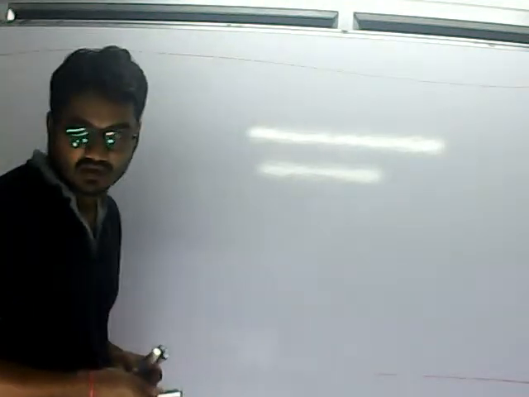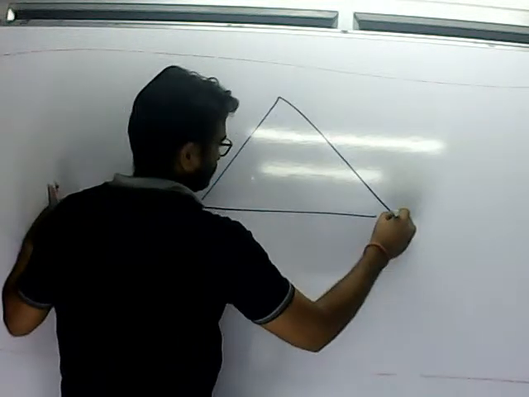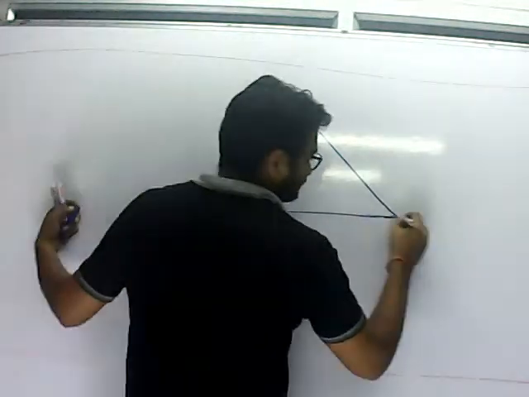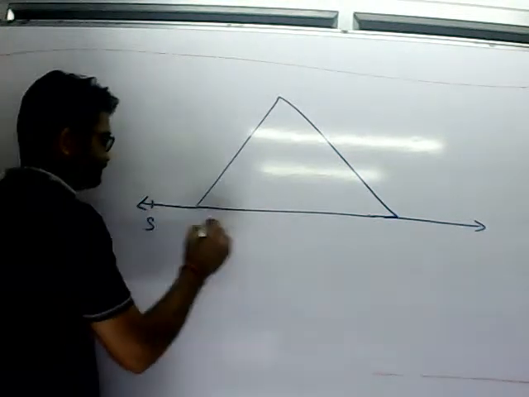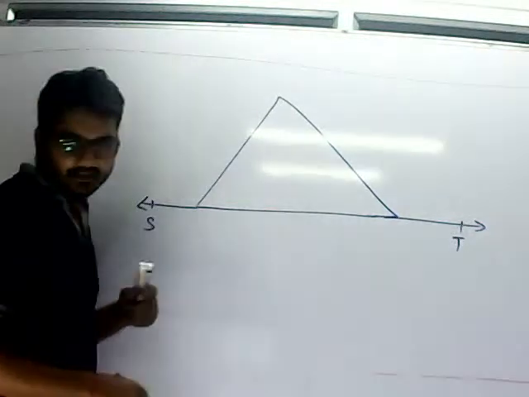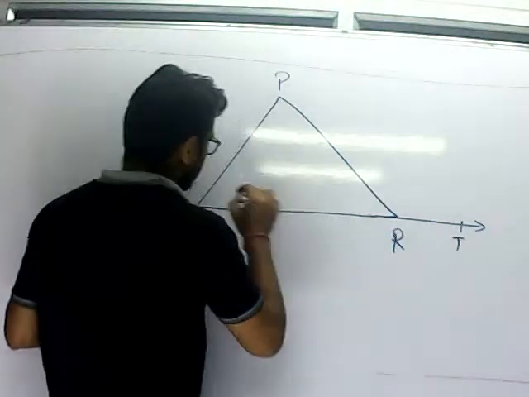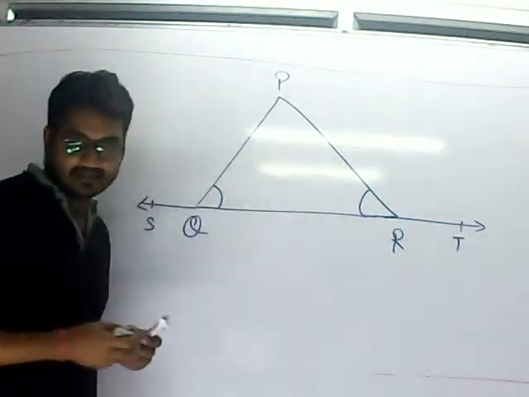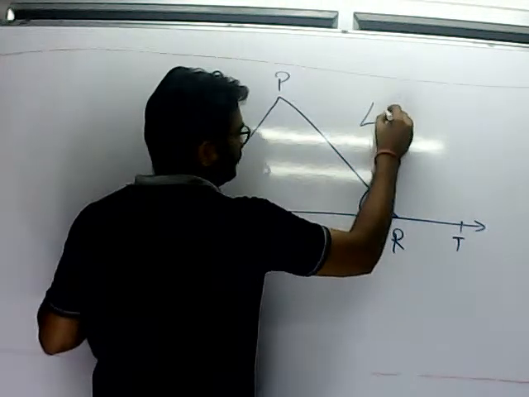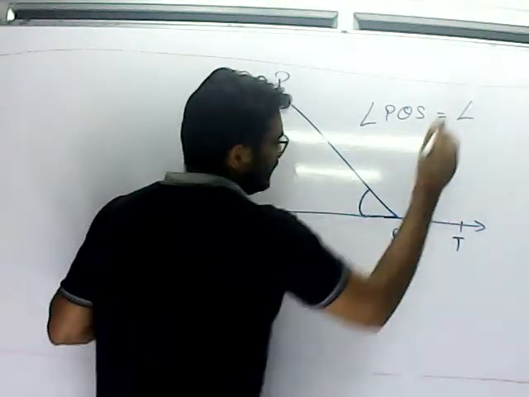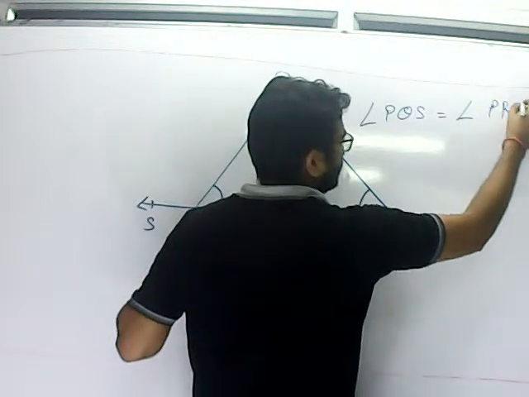The question is, we are having a triangle on the line, and the line is S and T, and we are having a triangle PQR, where these two angles are the same, and they are asking us to prove that angle PQS is equal to angle PRT.